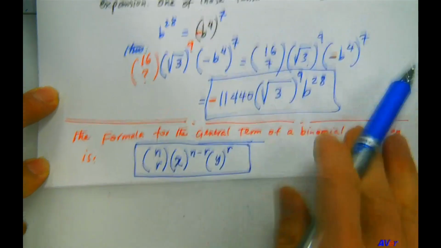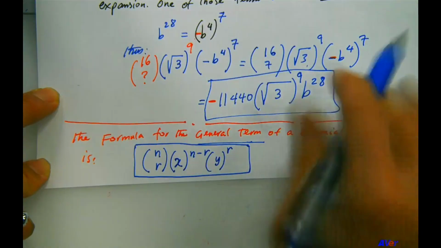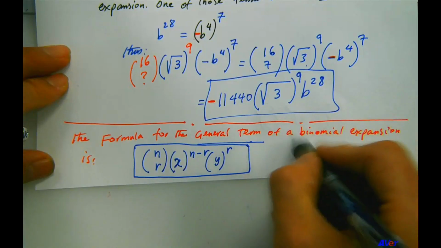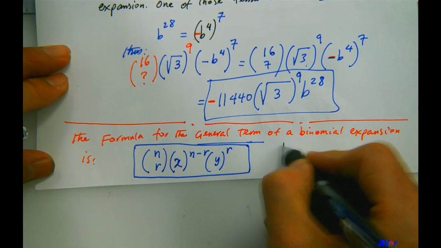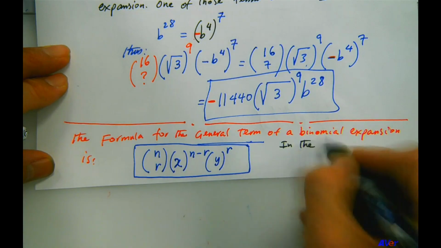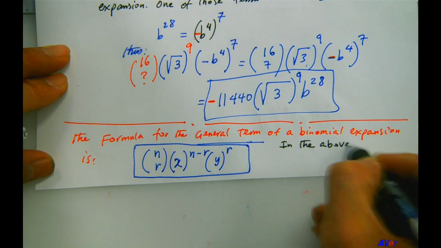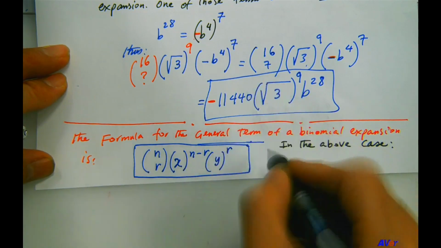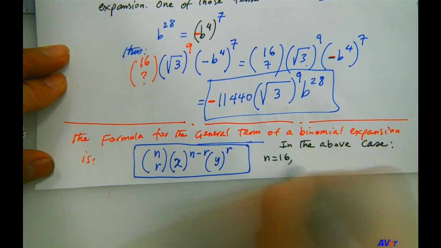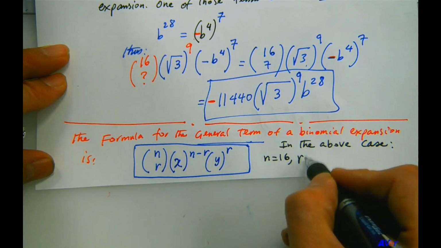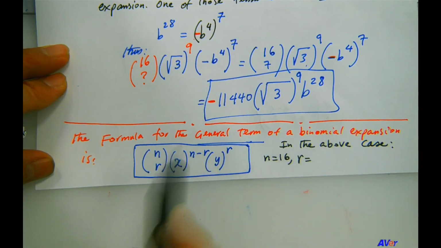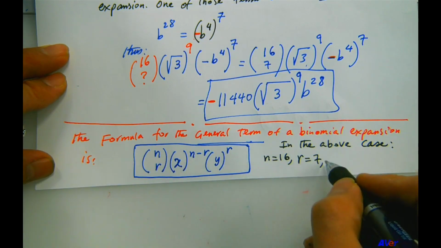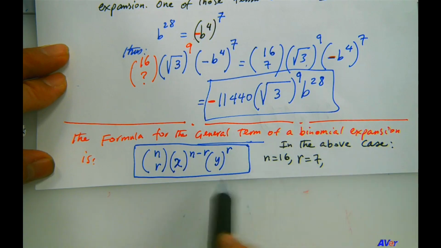So in the above case, we figured that n was 16, right? And r was 7, and that's all we need, right?